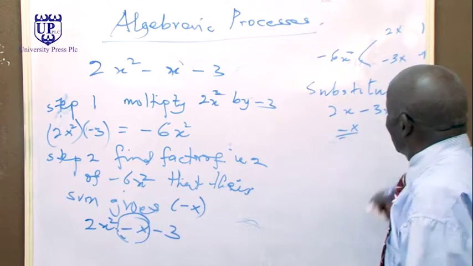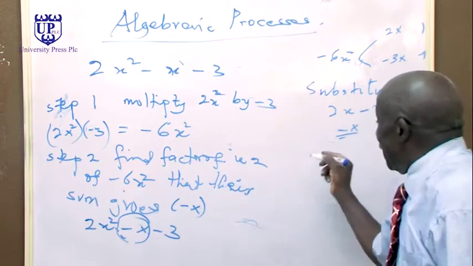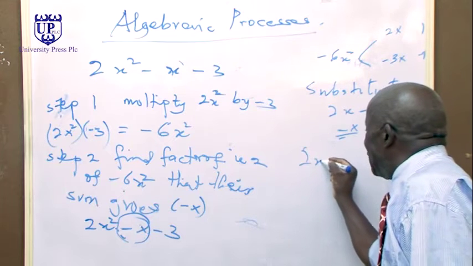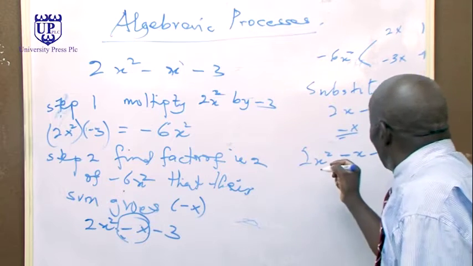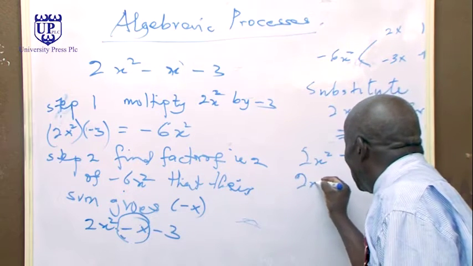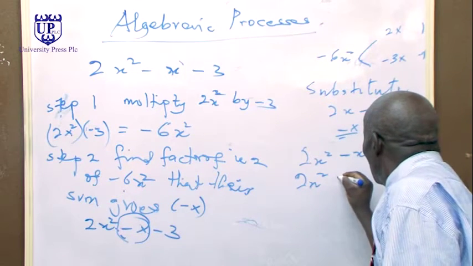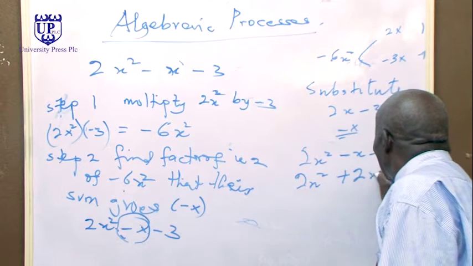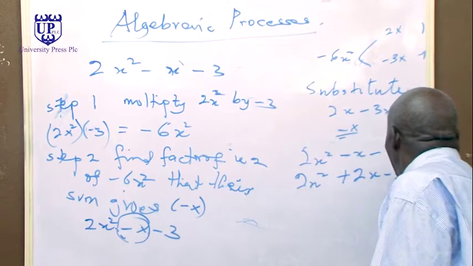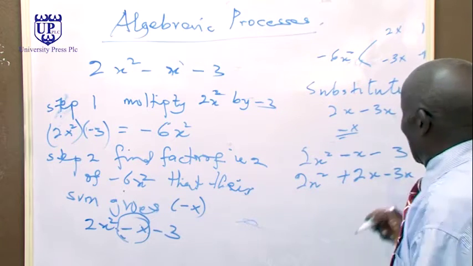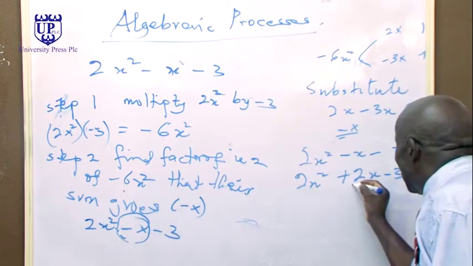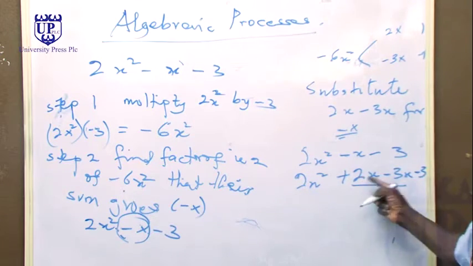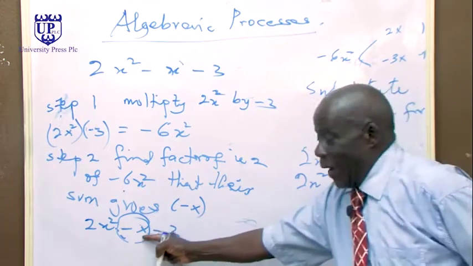Please take note. That means this equation now becomes 2x squared minus x minus 3 will now be 2x squared plus 2x minus 3x minus 3. Please look at this. 2x minus 3x is the same thing as minus x.